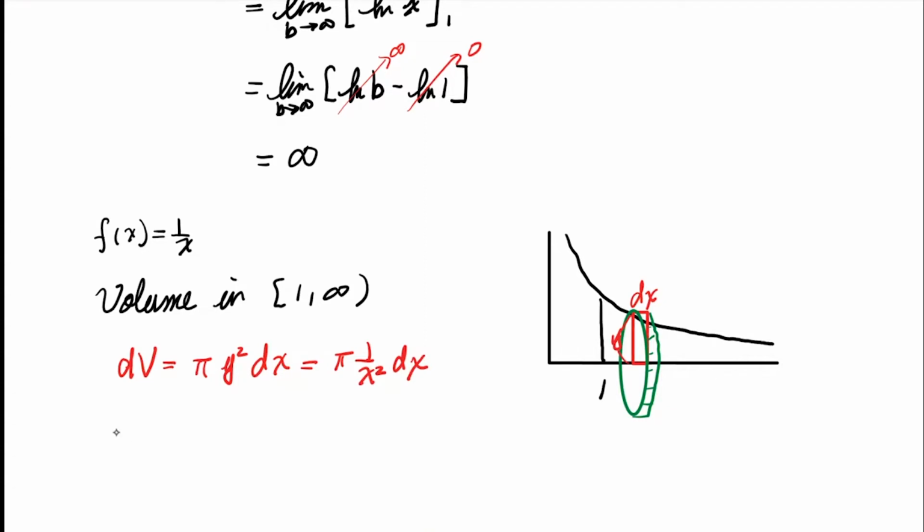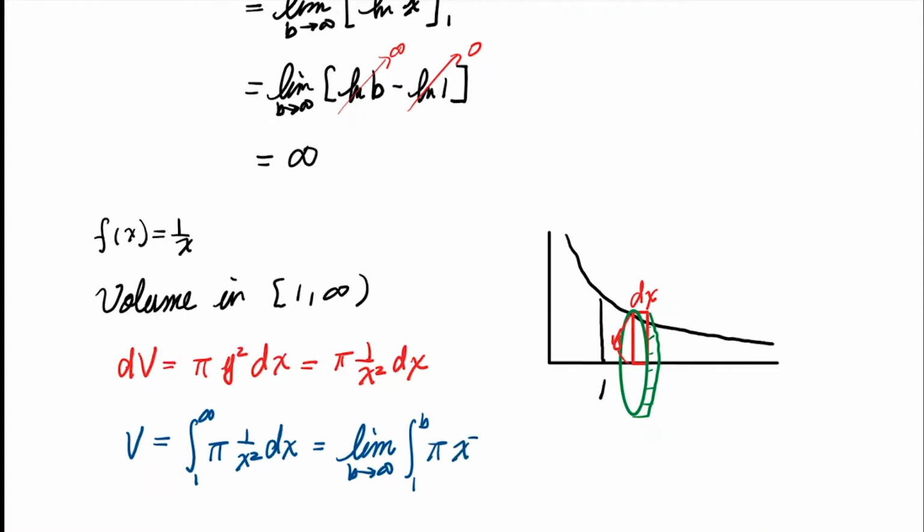So my volume is the integral from 1 to infinity of pi times 1 over x squared dx. Writing it as a proper integral: limit as b approaches infinity, I'm going to take pi out, of the integral from 1 to b of x to the negative 2 power.